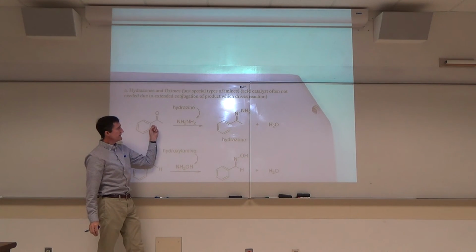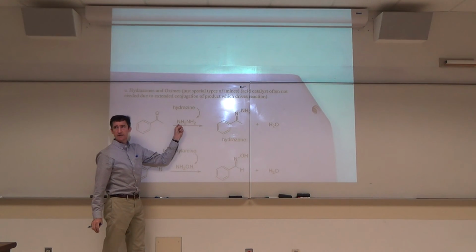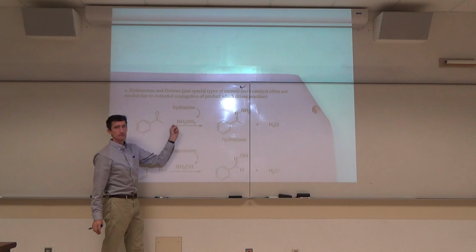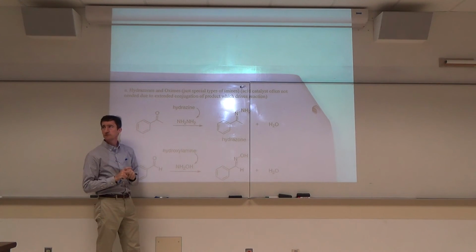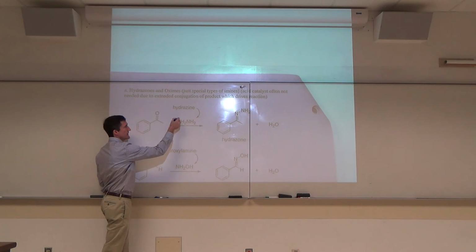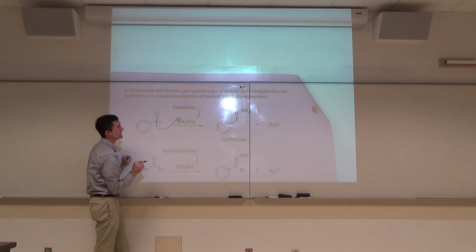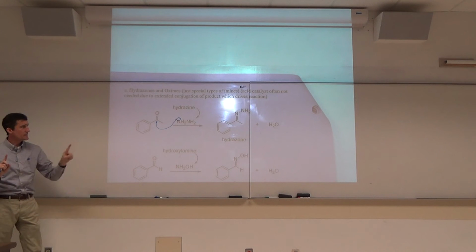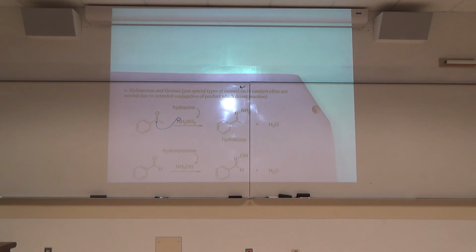If aldehyde or ketone, if you use hydrazine as the amine, this is called hydrazine, where you have 2 nitrogens bonded to each other. One of them is going to react. Okay? Now, I'm not showing an acid catalyst here. Again, you don't always need an acid catalyst.